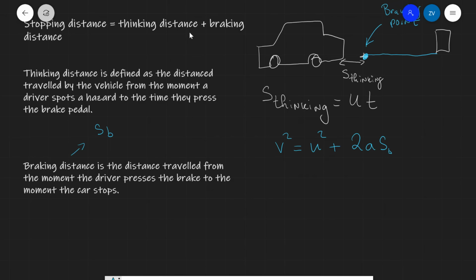Our final speed will be equal to 0 because the car will stop. So v will be equal to 0, so 0 equals u squared plus 2as. And we can rearrange for our braking distance, which is simply going to be minus u squared over 2a.